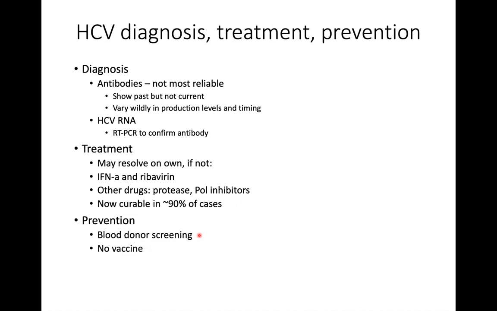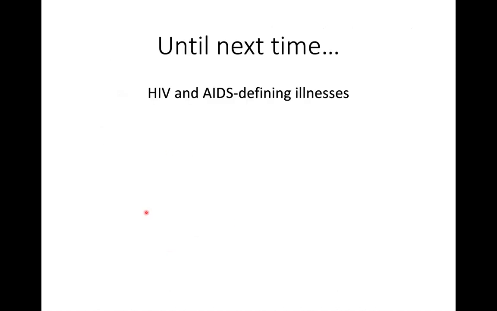So the other ways that you could prevent something like hepatitis C or other bloodborne pathogens from being transmitted, particularly among IV drug users, is to have needle exchange programs so that people are not reusing or sharing needles. And we're going to talk about that a little bit next time and what the consequences of not having needle sharing programs can be. All right, so those are our RNA viruses, a little bit shorter than DNA viruses.